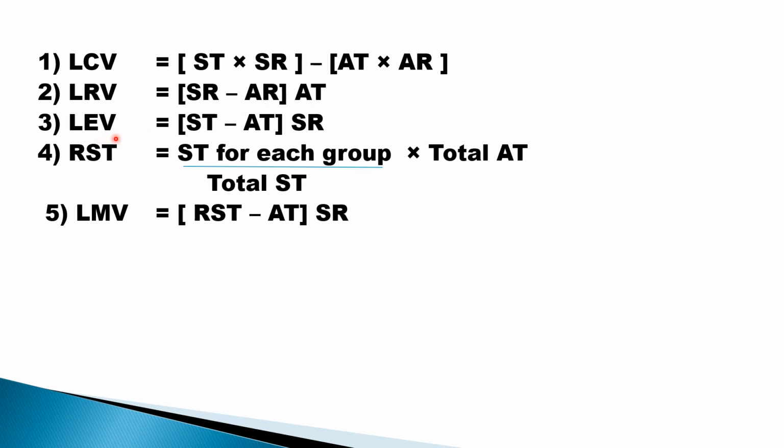Labor efficiency variance is standard time minus actual time into standard rate. Revised standard time is applicable when there is a mix of labor, skilled, semi-skilled and unskilled: standard time for each group divided by total standard time into total actual time. LMV, labor mix variance, is RST minus AT into SR.